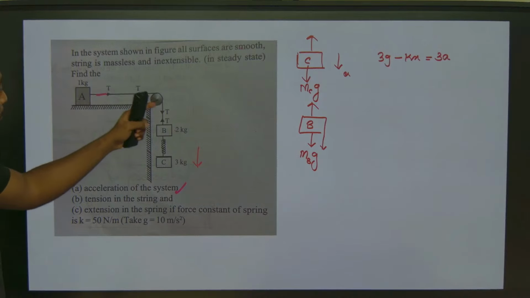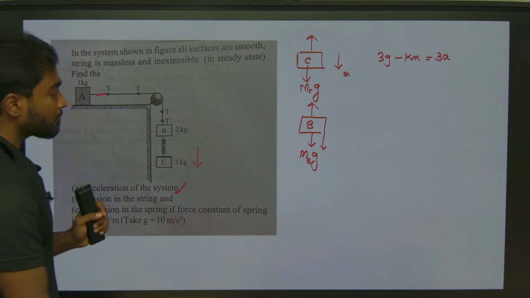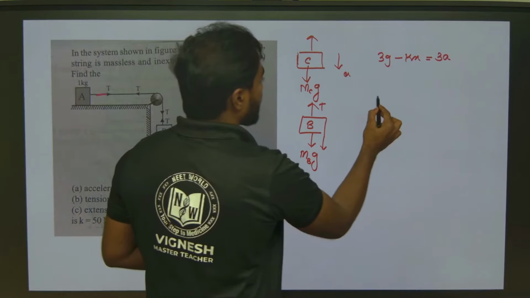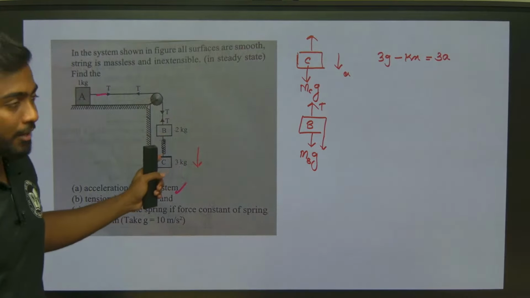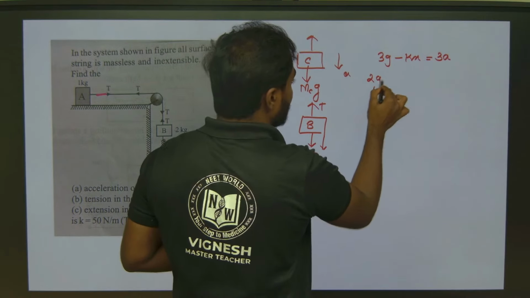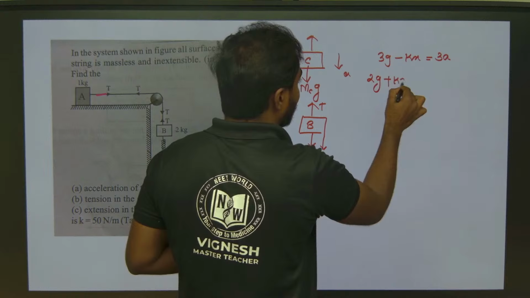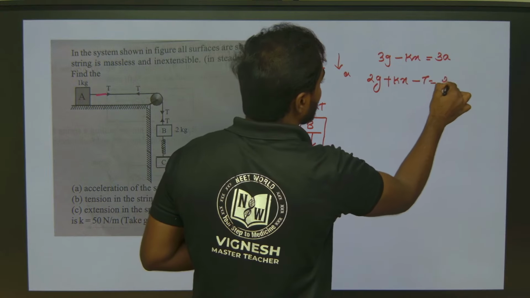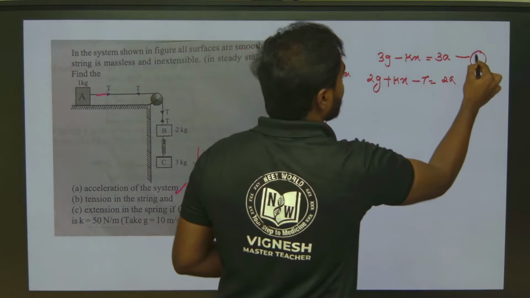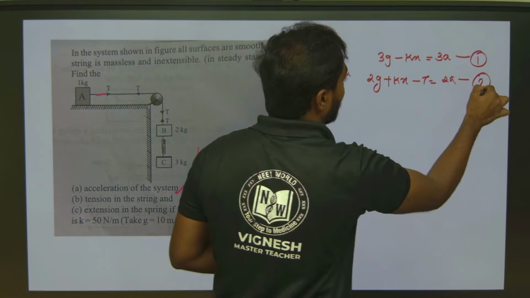This is my rope and this is my spring. What is the mass here? 2 kg. The second equation is 2g plus kx minus T equals 2a. So this is my first equation for block C and second equation for block B.